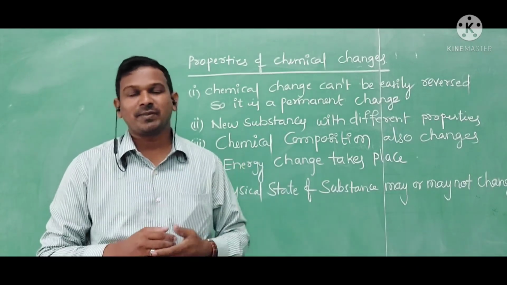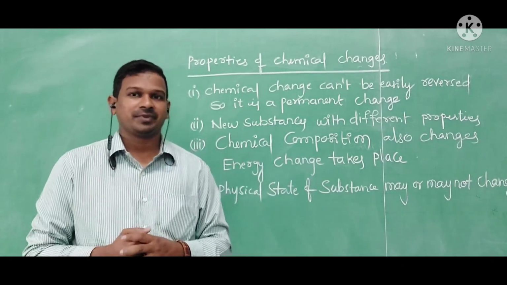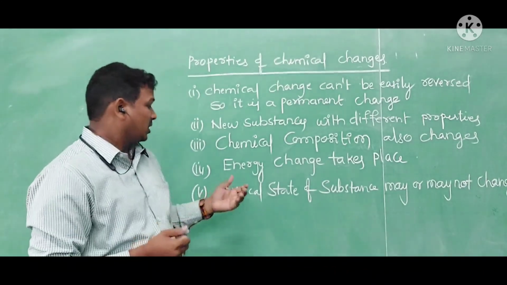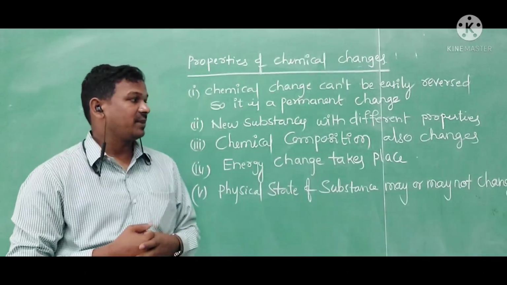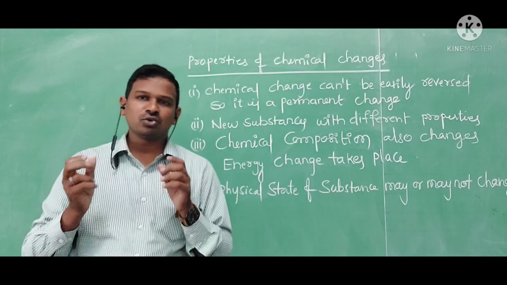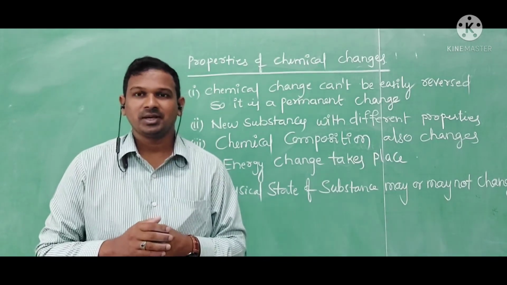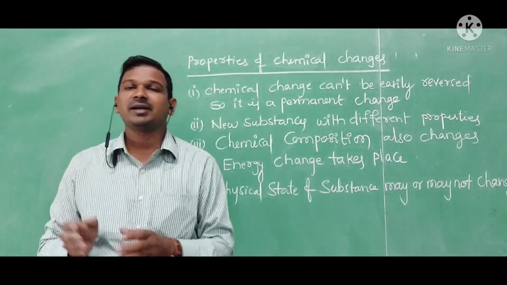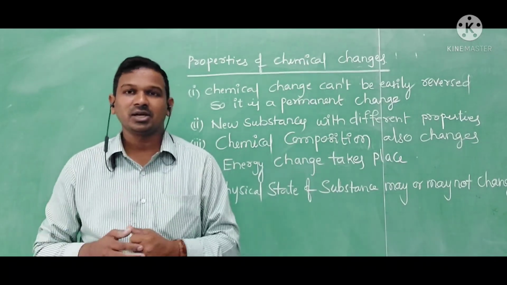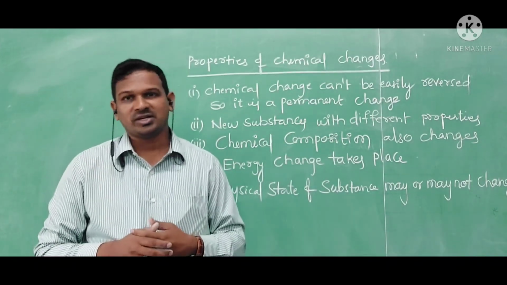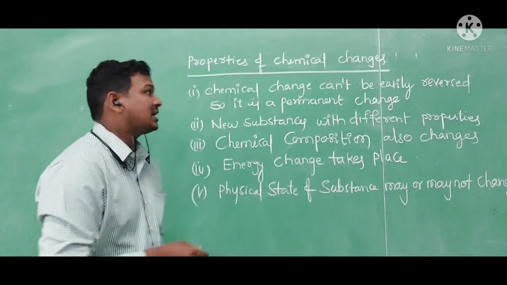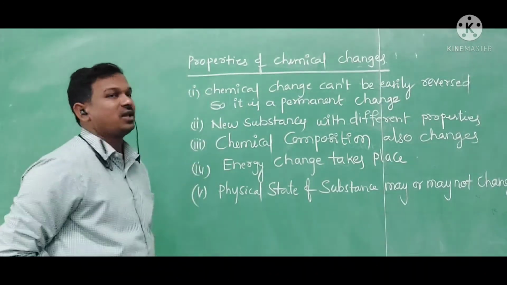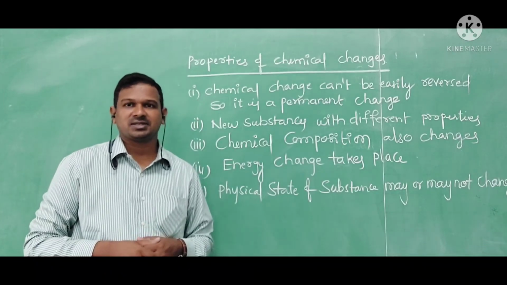Either it is exothermic or it is endothermic. And the next one is, the physical state of the substance may or may not change. When two solids combine together, it may give a solid product also. Reactants are in the solid state, product also in the solid state. So these are the properties of chemical changes.